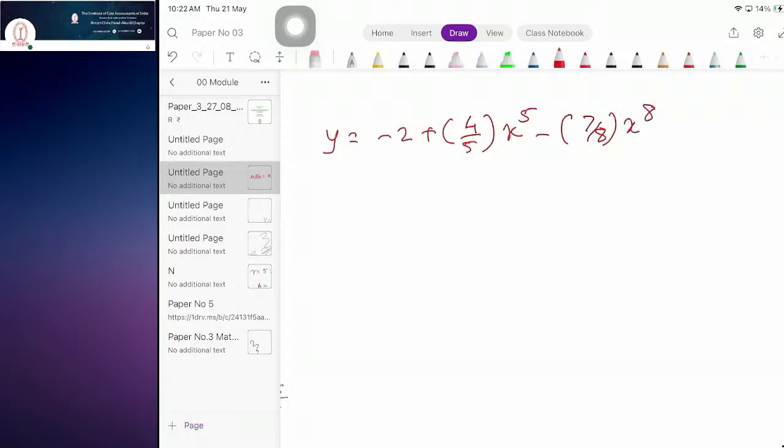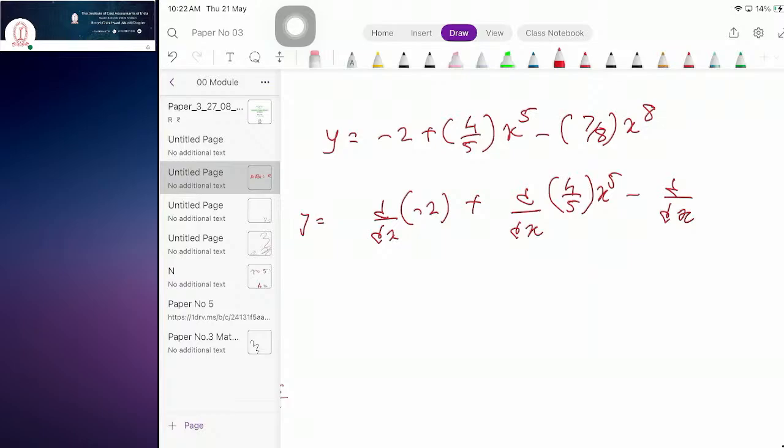Differentiate this with respect to x. Same thing, y is equal to 4/5 x^5 minus 7/8 x^8 minus 2. Let's bifurcate this: d/dx of 4/5 x^5 minus d/dx of 7/8 x^8 minus the derivative of the constant 2, which is 0.